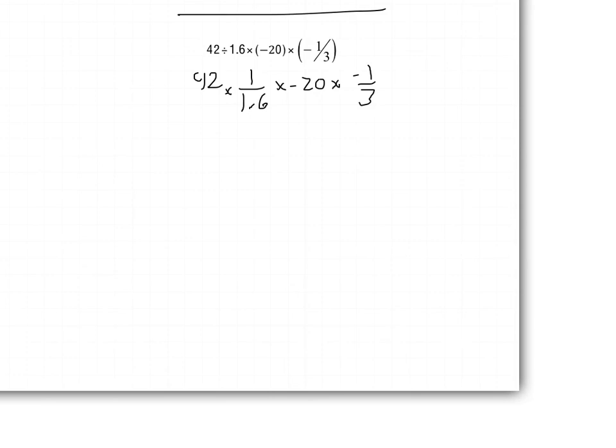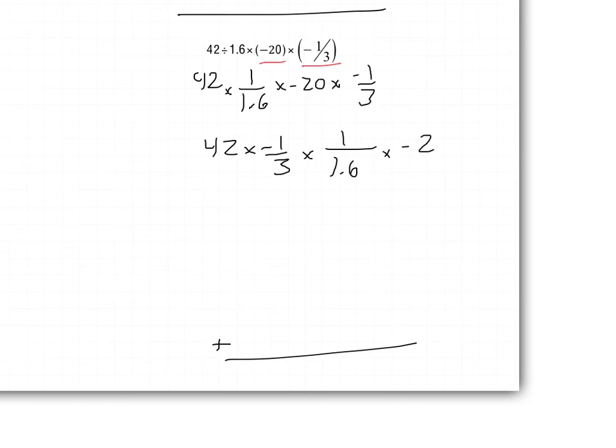And again, I'm not really worried about that so much anymore because I see that there's an even number here, so I know that my answer is going to be positive. Alright, so these come together here. This is going to give me a negative 14.